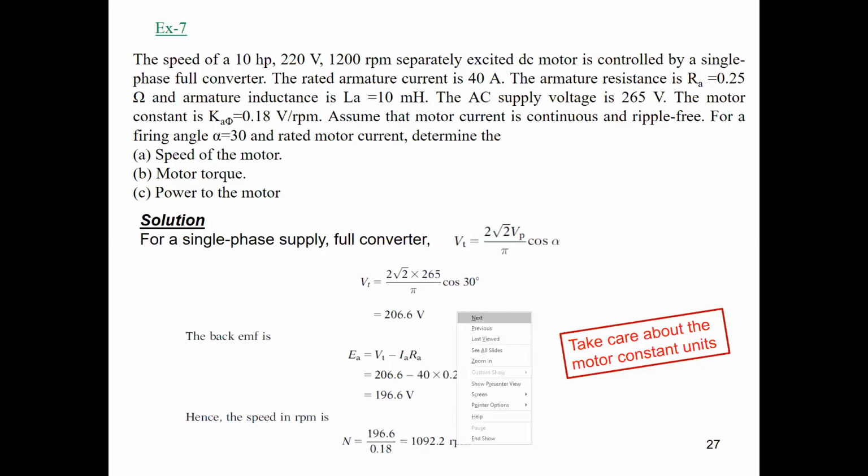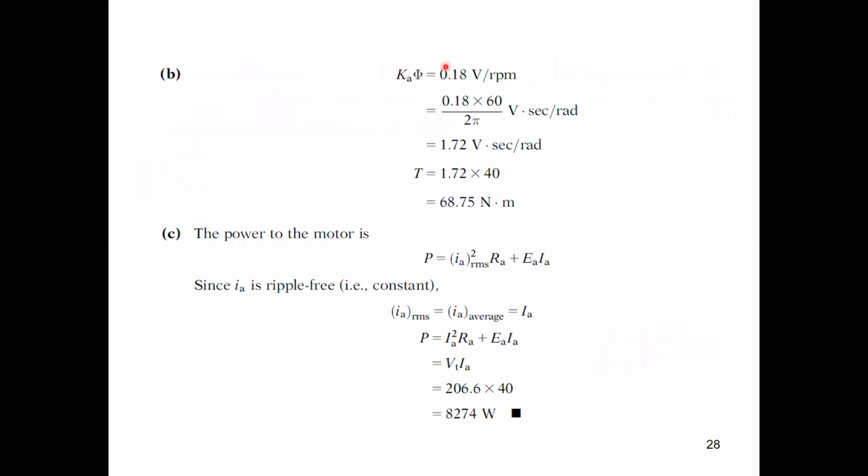We have K phi, which is 0.18 volt divided by RPM. To get the torque, we need K phi in volts divided by rad per second, not by RPM. So we have to convert the relation from RPM to rad per second.